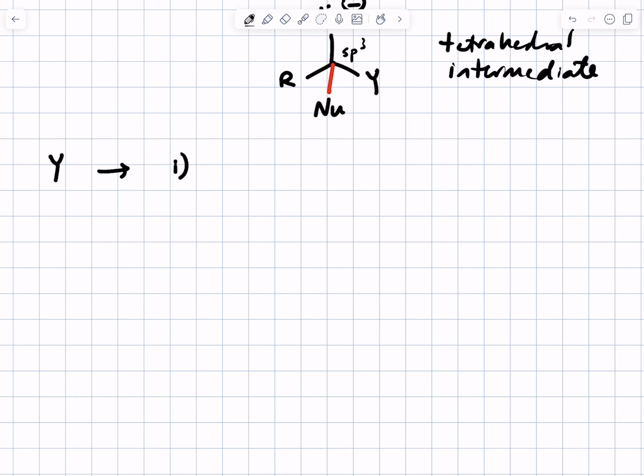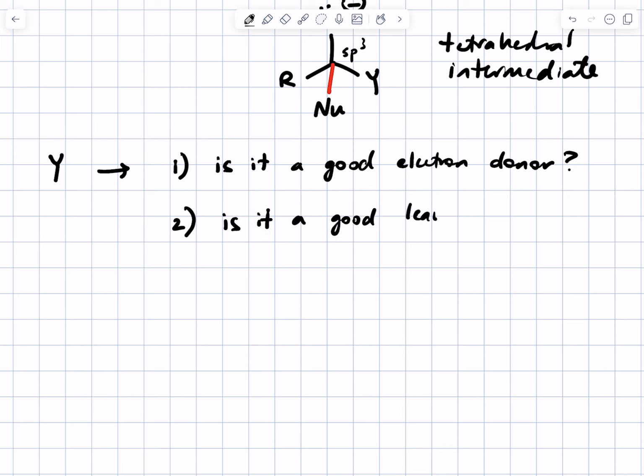So two basic questions. Is it a good electron donor? And that may be a new concept for you. And then the second question is, is it a good leaving group? That should be a more familiar question to you.